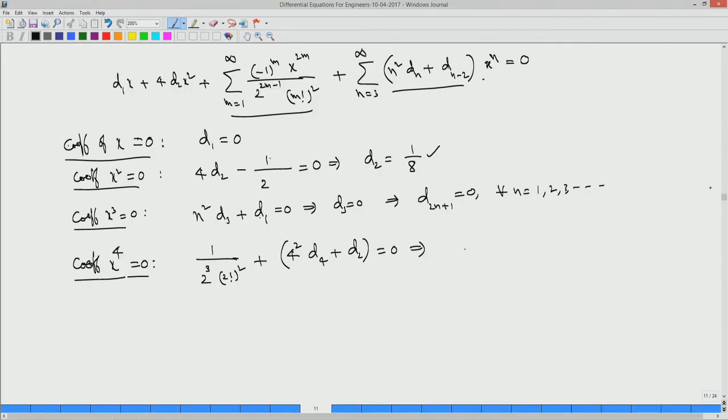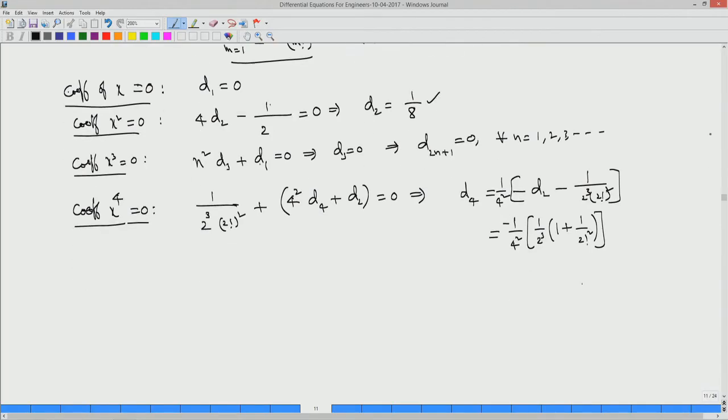This will give me d4 equal to minus d2 minus 1 by 2 cube 2 factorial square divided by 1 by 4 square. What is d2? d2 I know already is 1 by 8. So we have 1 by 4 square, minus comes out, 1 by 8, 1 by 2 cube into 1 plus 1 by 2 factorial square. So this is your d4.